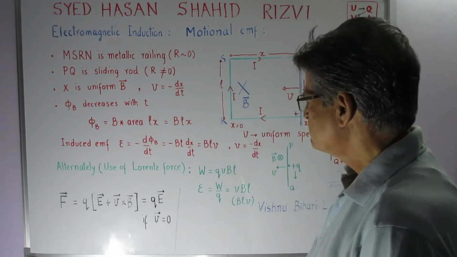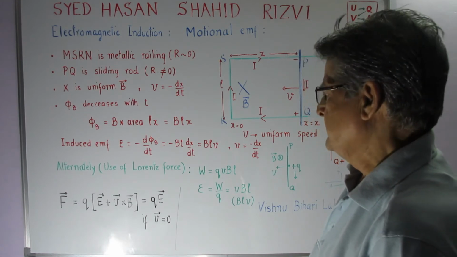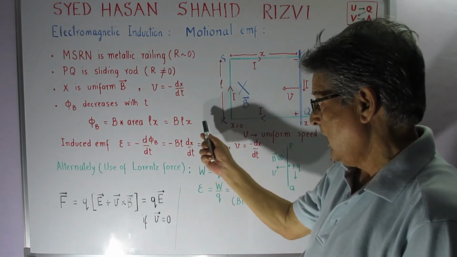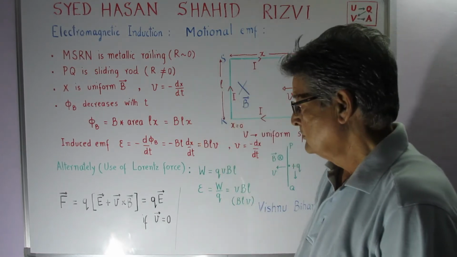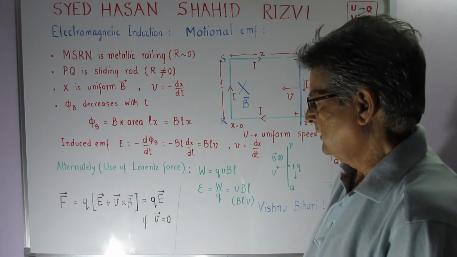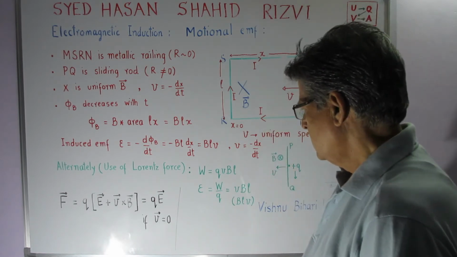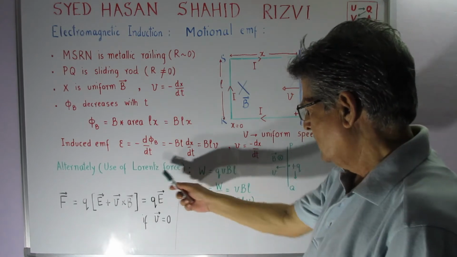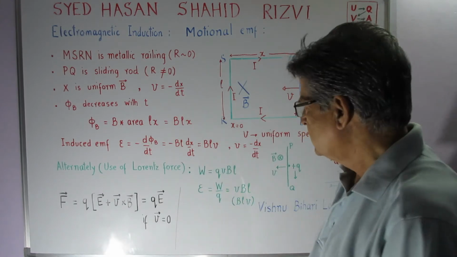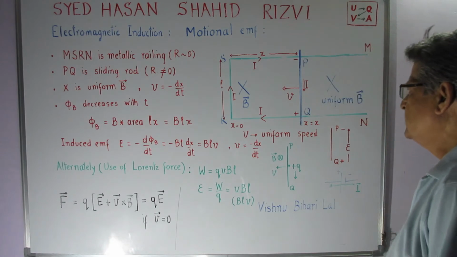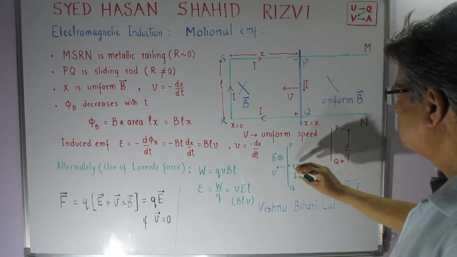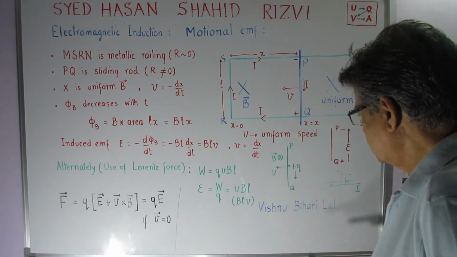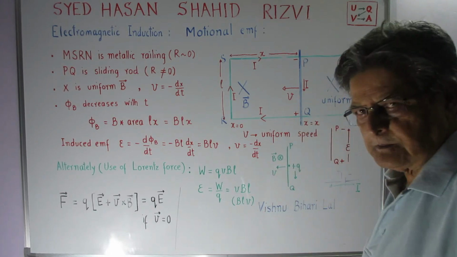Right? Alternately, I will come back to this again regarding the direction of the current and the EMF etc. Alternately, using the Lorentz force, we can write what is the force acting on a charge Q, a plus Q, when it is moving in this direction.